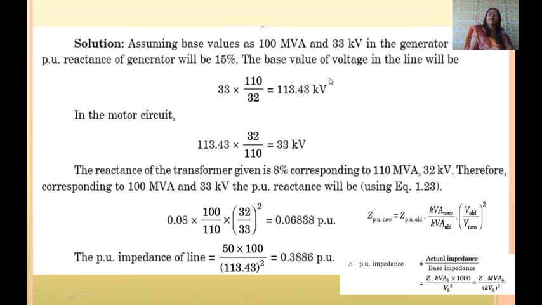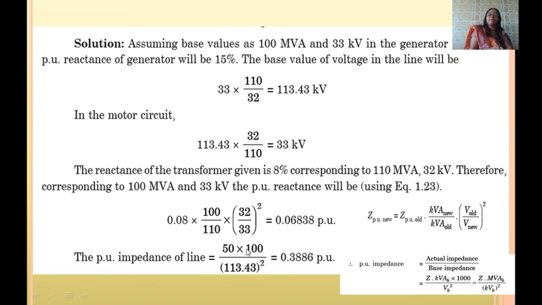Now the per unit impedance of the line: the base voltage of the line we have already calculated. Using this formula, actual impedance upon base impedance, actual impedance is 50 divided by base impedance. Base impedance is Z into MVA base upon kVB squared.